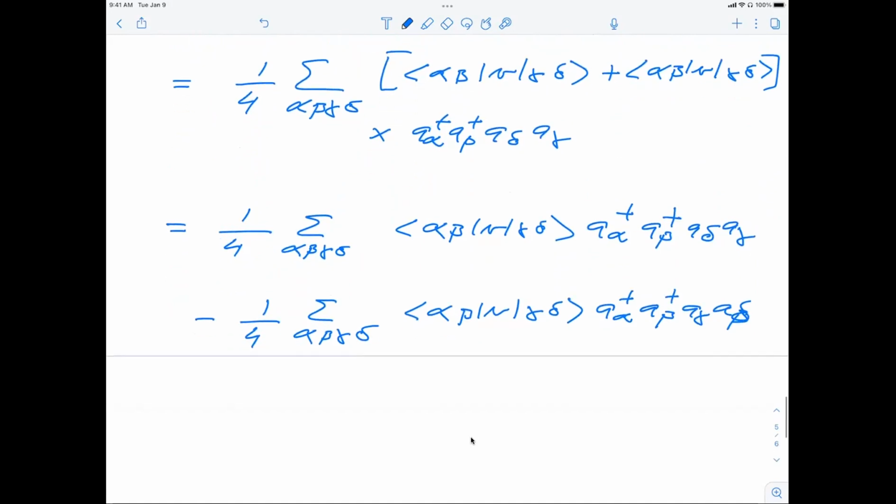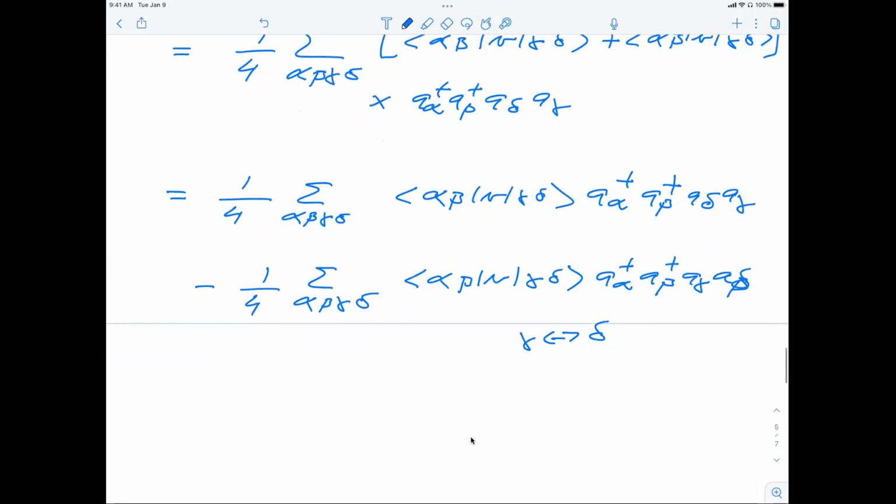Then in the last term, what I do now is I just interchange, these are just dummy variables, gamma, delta. In that specific case, what I get now is that I will have a delta gamma here, and then I get a delta gamma there. And if I collect the two terms, I get 1 over 4. So this term here is going to be the same as the one you have here when I interchange them.